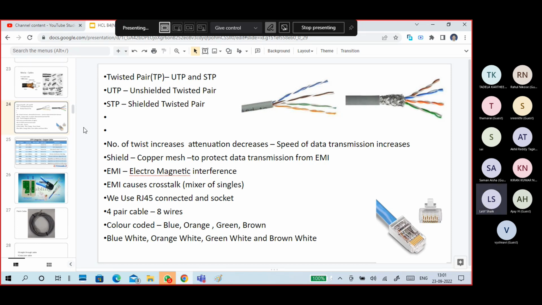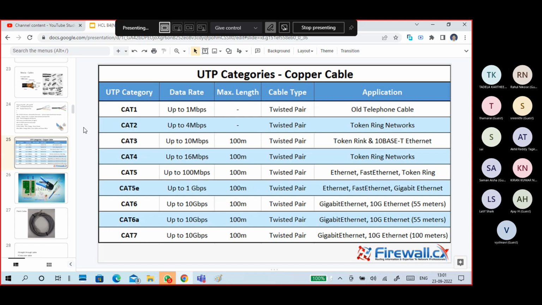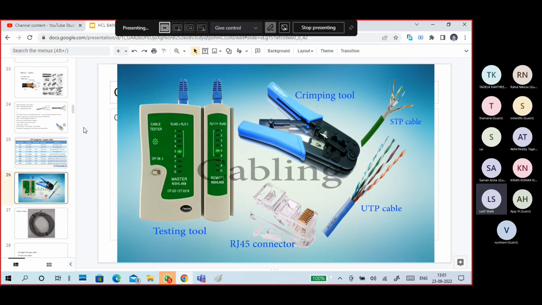We use RJ45 connectors to connect the cables, and these cables generally have 8 color-coded wires. Depending upon the category of cable, we get different speeds. Generally, we use Cat5e or Cat6 cables. Tools are also used in cable technology.